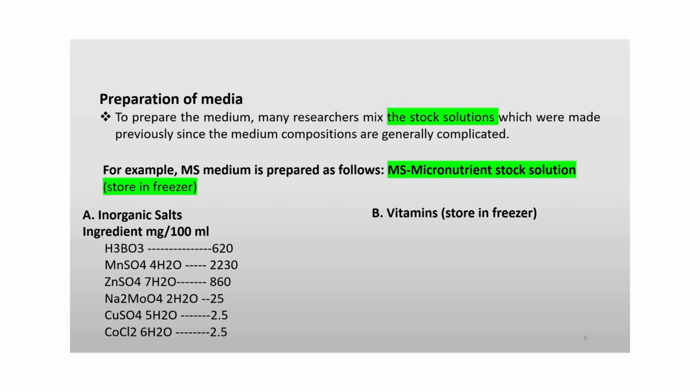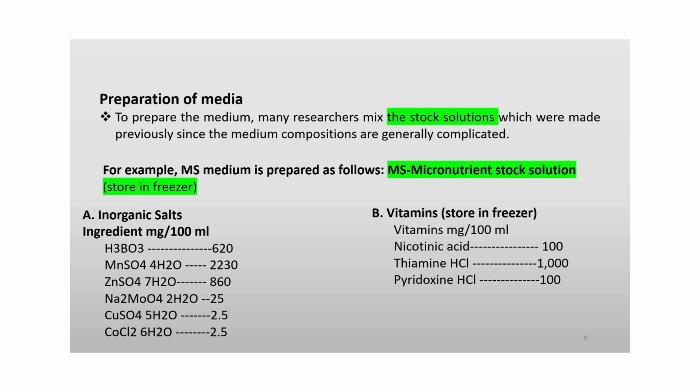Vitamins are also stored in the freezer. Vitamins, milligram per 100 ml: nicotinic acid 100 milligram, thiamine 1000 milligram, pyridoxine hydrochloride 100 milligram, myo-inositol 10,000 milligram, that means 10 grams.